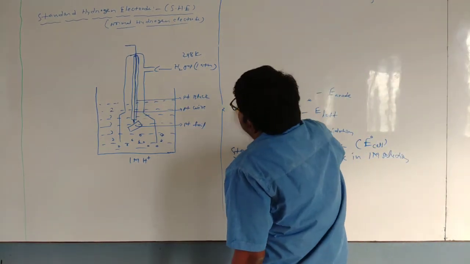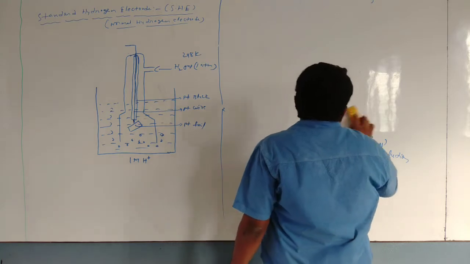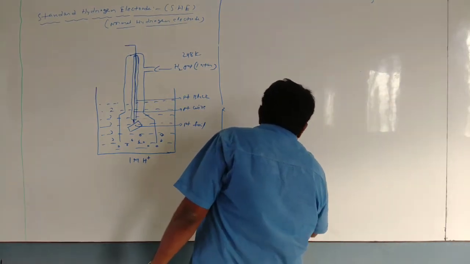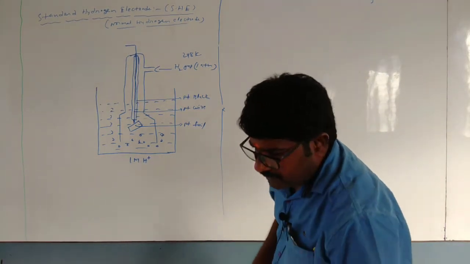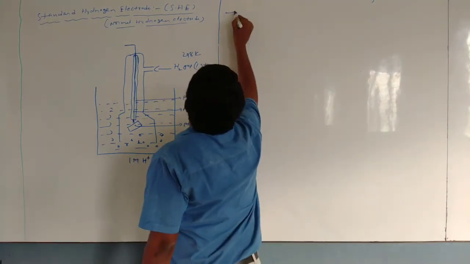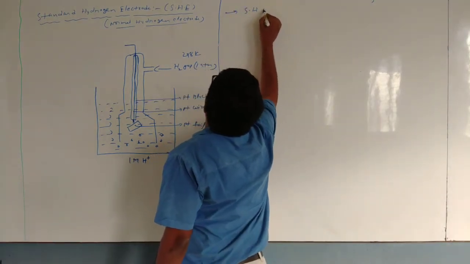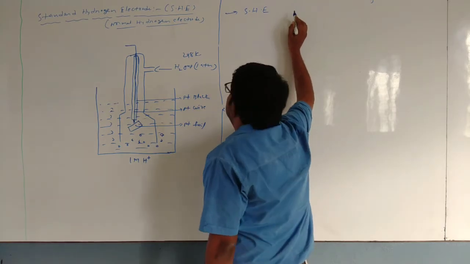So now what is standard hydrogen electrode? Standard hydrogen electrode is a gas electrode.